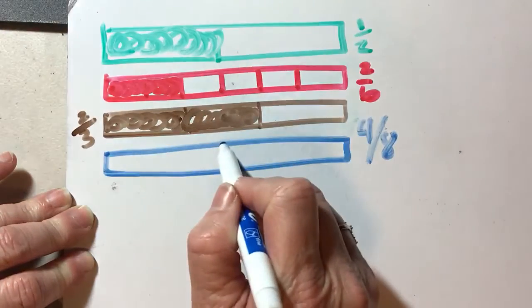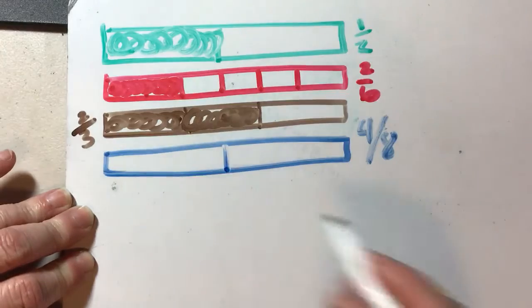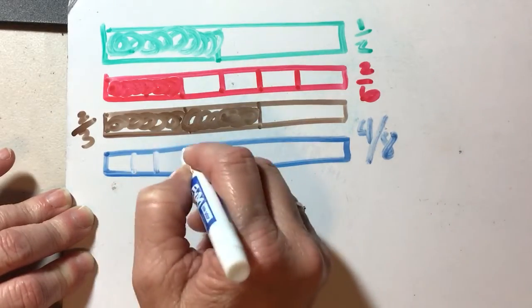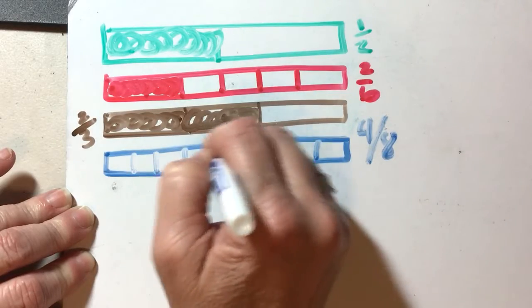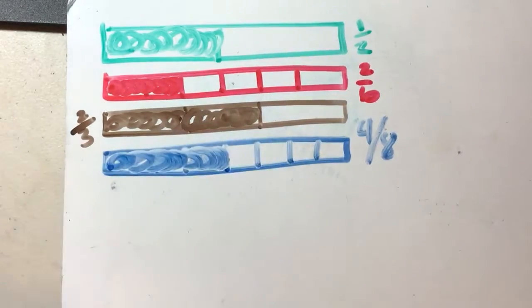All right, here's my middle. 8ths. 1, 2, 3. 1, 2, 3. There's my 4/8. 3/4.